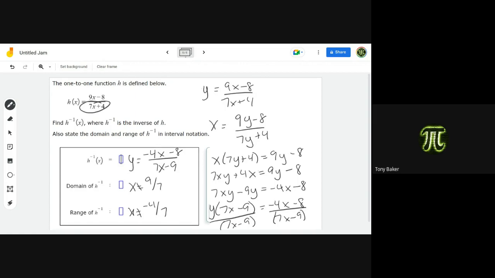Hold on. Let me try something. So you had 4x plus 8. And you had negative 7x plus 9, right? No, because you still should have gotten 9 sevenths because you would have subtracted the 9. You still should have gotten 9 sevenths.